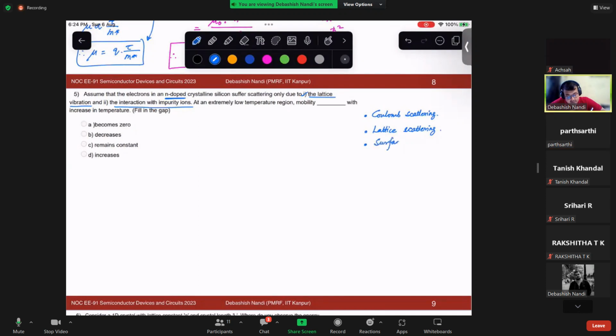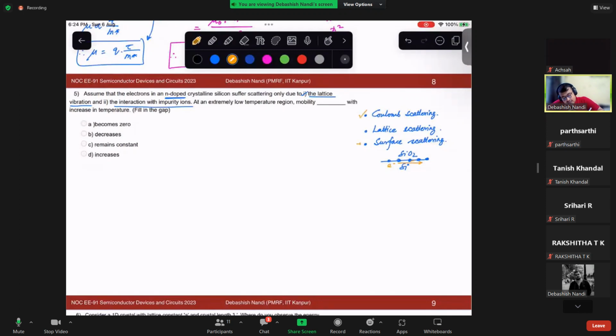You have heard of this? When two different materials, suppose SiO2 and silicon, are there, there will be some trapped charges or some trapped bonds, some dangling bonds kind of thing. So if an electron transports near this surface region, it gets scattered and the mobility becomes lesser. So this is called surface scattering.